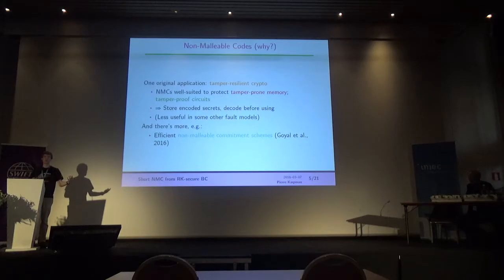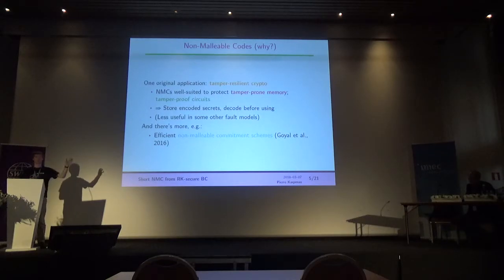And of course, if there was no fault originally in the memory, then when you decode, you have the secret, everything is fine. So that makes quite a sense in this context. Of course, it doesn't capture all of the fault models, so if you can inject faults on the computation, then it's less clear that this is actually useful.